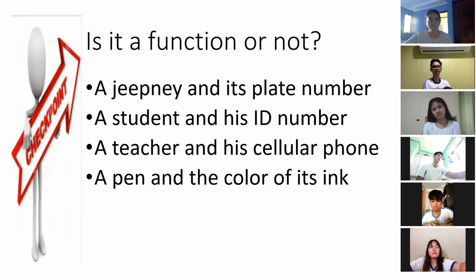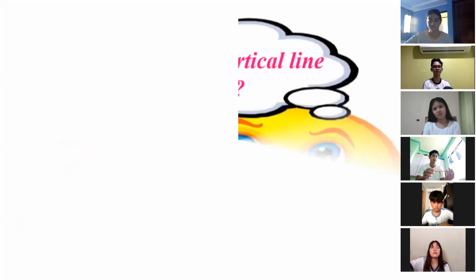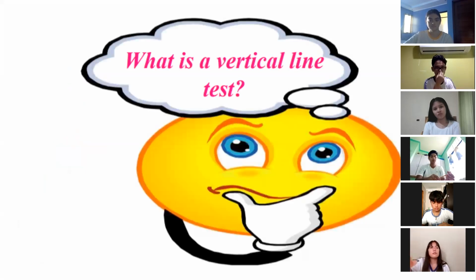There's red in a single ball pen, you have a black, you have a green. That being said, a pen could have multiple colors of ink. Okay, so we are now going to have this.